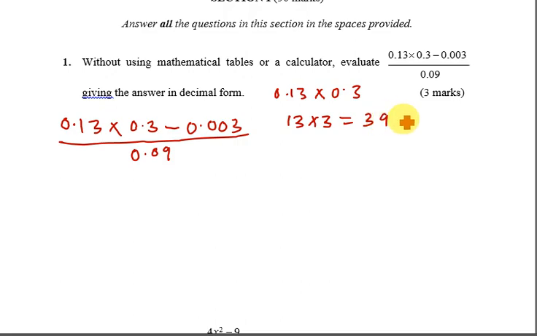Then remember the number of decimal places that we end with is 3. So we'll have 1, 2, 3, so we'll have 0.039. So let us now replace all of this with 0.039.